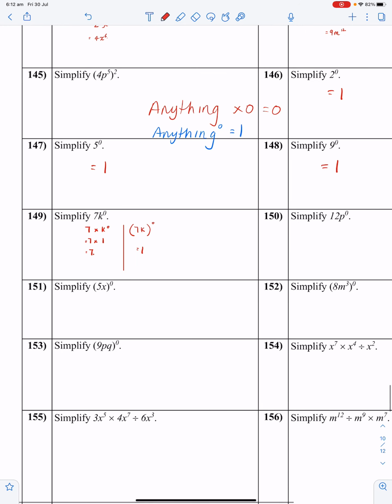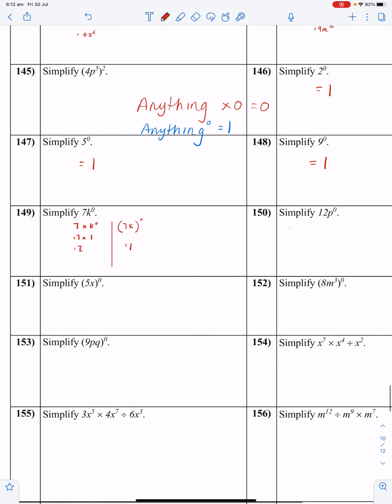So question 150 is 12 times p to the power of 0, which is 12 times 1, which is 12. Question 151 is actually 1. Doesn't matter what's inside. Everything inside here is to the power of 0, so your answer is 1.